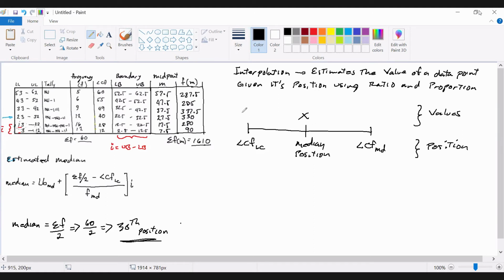So the lower boundary of the median and the upper boundary. So that's our ratio. All we need to do now is to make the appropriate ratio the same, this compared to that, while this compared to that one.